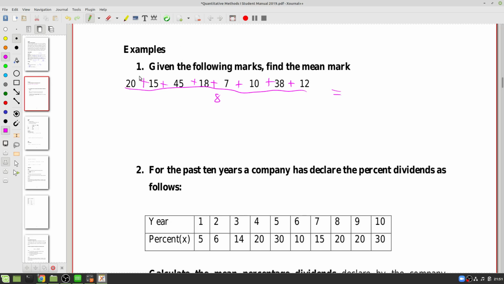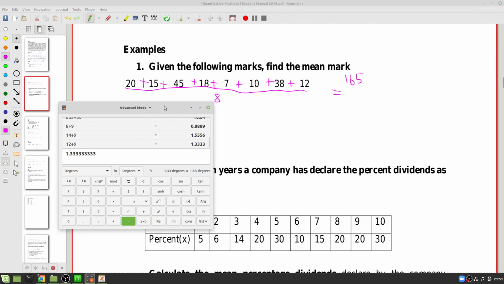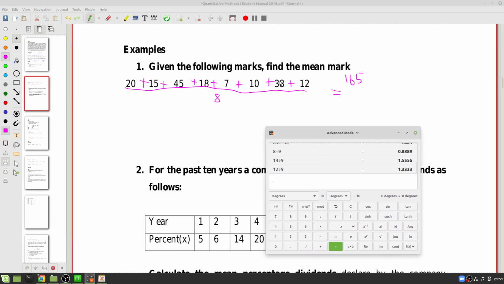Okay, let's add it together. Let's see if I can do this in my head. It has 35, 80, 98, 105, 115, 145, 153, plus... 1265, I think. I'm not sure. You can test on a calculator. Actually, I do have a calculator here. Let's see what it gives us.